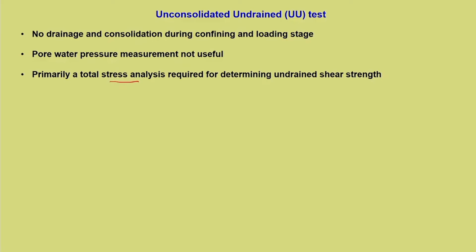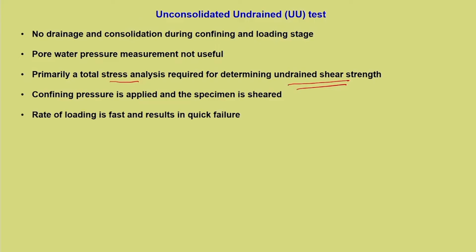So, it is a total stress analysis and only useful for undrained shear strength. Confining pressure is applied and the specimen is sheared. There is no waiting period because consolidation is not there. Rate of loading is fast and results in quick failure.